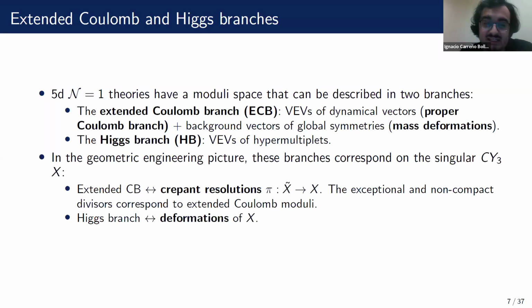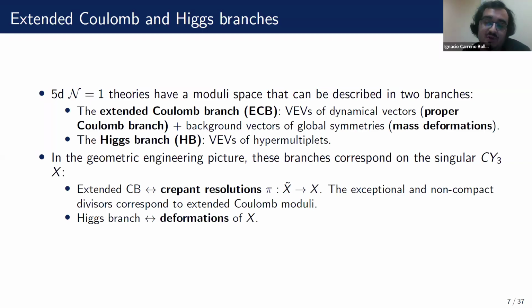Now, how does this moduli space get translated in the geometric engineering point of view? Well, this corresponds to desingularizations of the Calabi-Yau, of which we distinguish two types. First, we have crepant resolutions, which correspond to extended Coulomb branch moduli. So we map the singular variety to a non-singular variety, and the singular loci get mapped to so-called exceptional divisors.